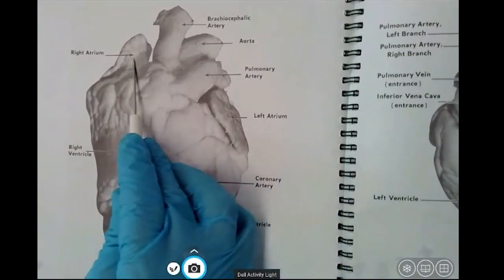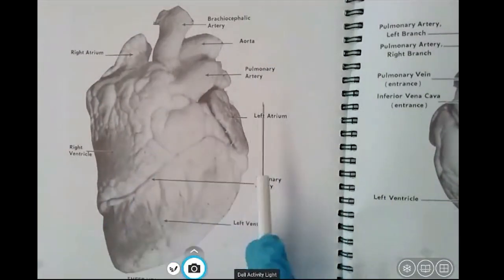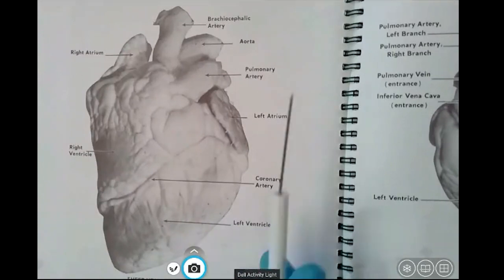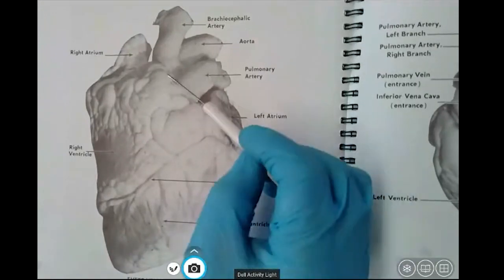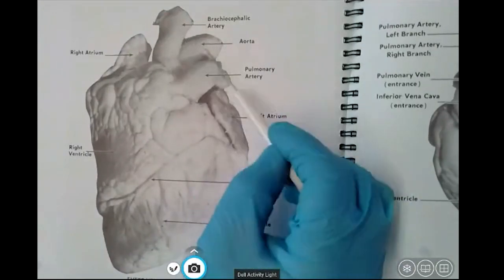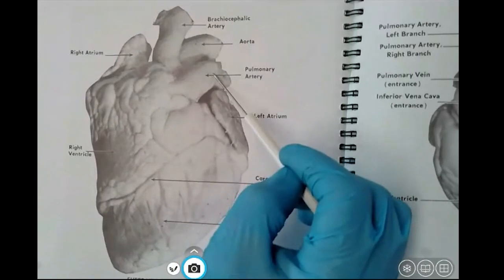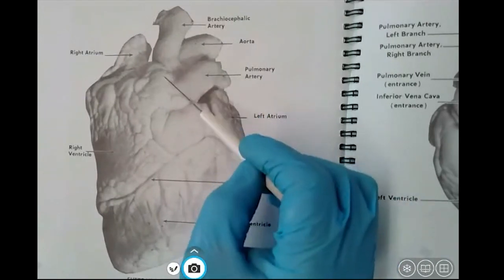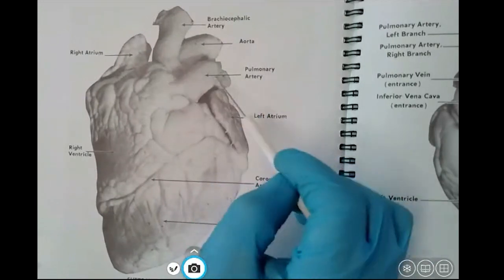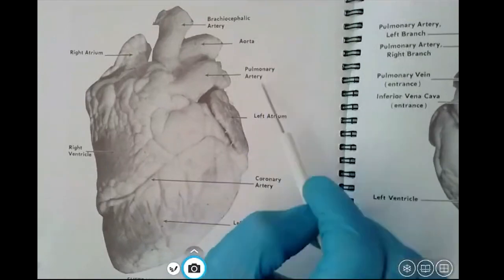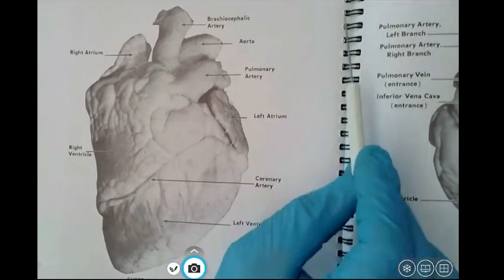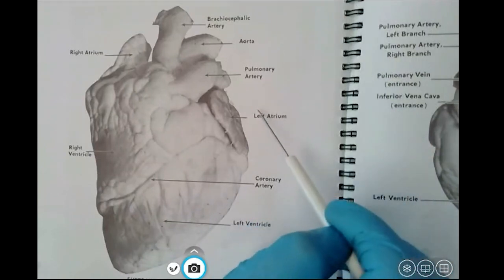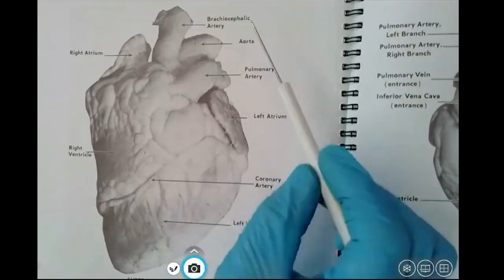Then you have the right atrium, the left atrium. Notice it's on my right side. The ventricles, and then you have these vessels that branch off that we learned about yesterday. So you have the pulmonary artery, which is going to the lungs, the only artery to carry deoxygenated blood, pick up oxygen and come back through the pulmonary veins, which you can't see on this side.